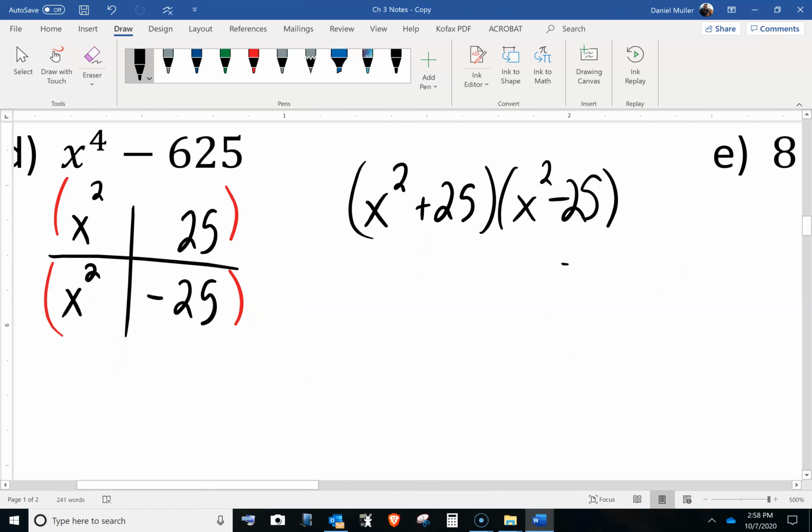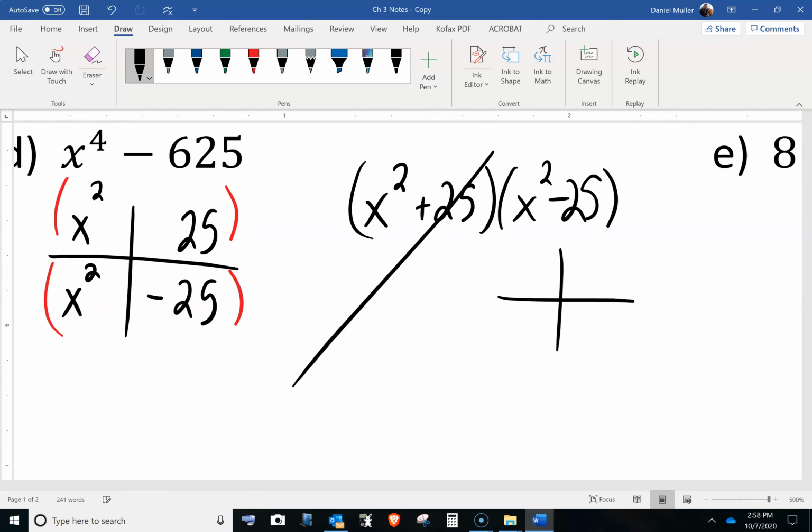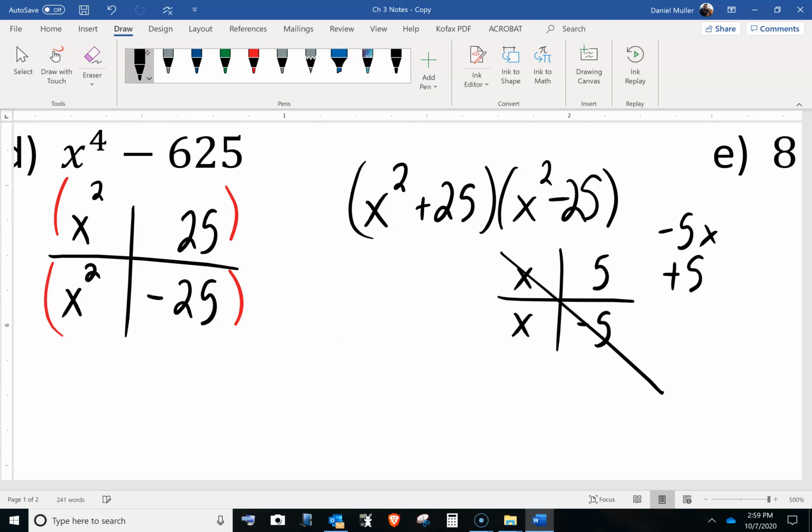I'm going to make this a little bit larger. I can't do that for this one because it's not a subtraction. So 5 and negative 5. And if I do my diagonals, negative 5x and positive 5x, that adds up to 0x, which is what I have here. That's my middle term.